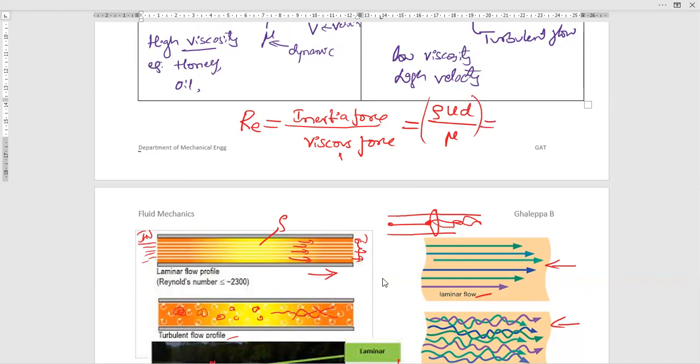The same formula can be written as u d divided by nu, where mu by rho, the ratio of dynamic viscosity to the density of the fluid, is the kinematic viscosity, that is nu. This formula will also be used for solving numericals or to identify whether the flow is laminar or turbulent, because the pipe is a closed conduit and it is not transparent.